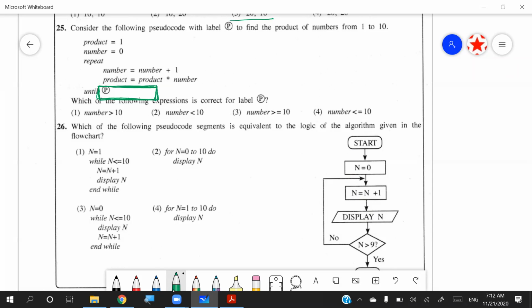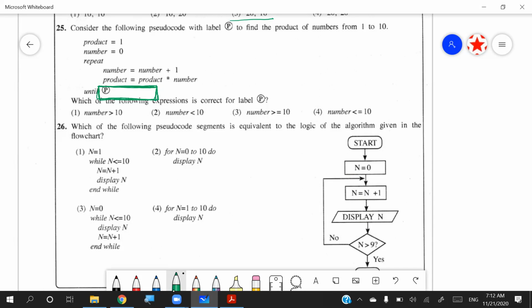So until the condition is incorrect, the statements under the while loop will get executed. And when it comes to repeat until, it goes the other way around, right? What will happen is that until the condition is correct, the repetition goes on, right?